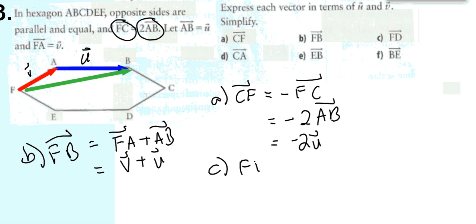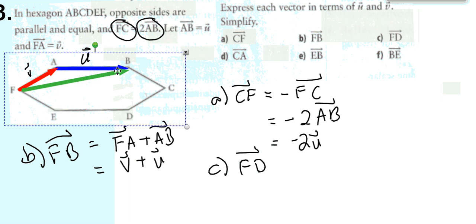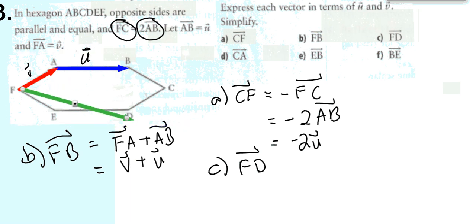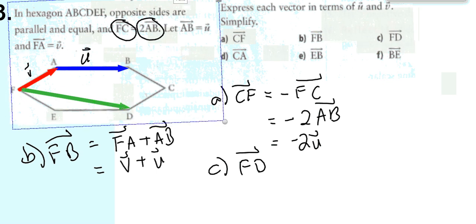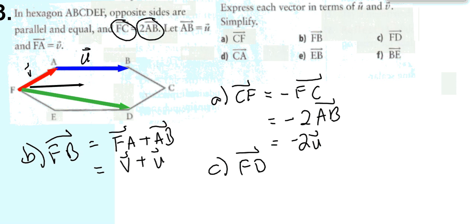So what about C? C is FD, so let's have a look for where that is in the diagram. FD is here. There's vector FD. So how do I get vector FD? Well, we can use a vector we had already. We can use FC to do this, and then we can go like this. So I'm going to say that it's FC plus CD. Now, why is CD useful?